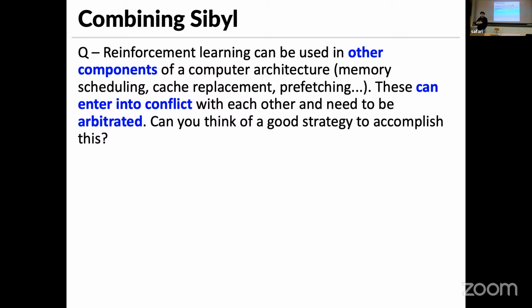So you might need to disable, in this case, one or the other, and stuff like that. What could be a generic strategy to arbitrate this? Any comments, maybe?